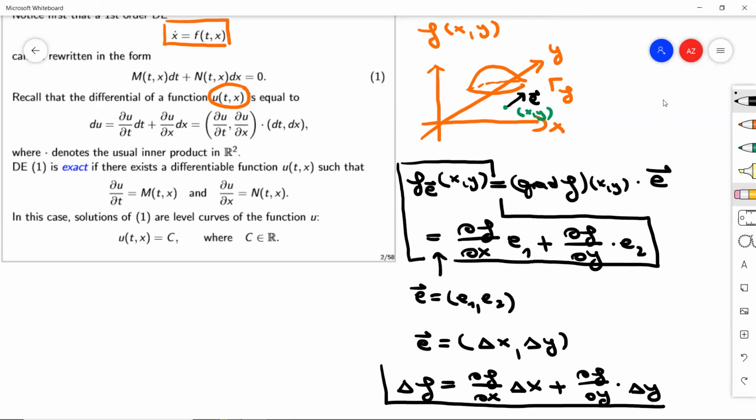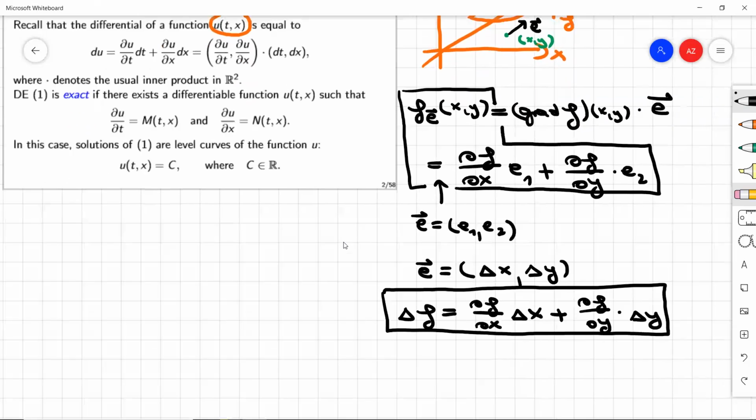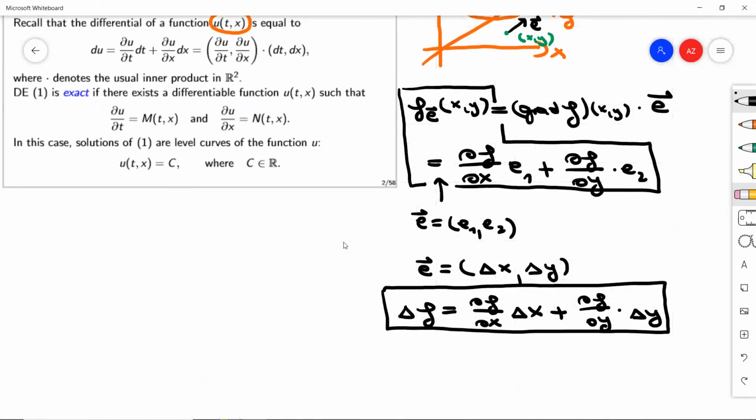So this is another way of expressing the formula for calculating the directional derivative.